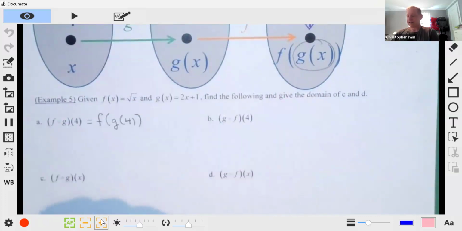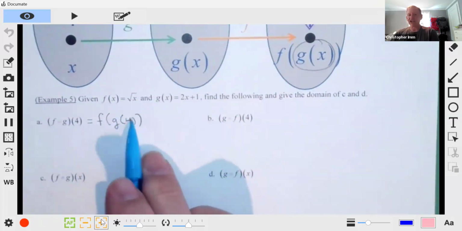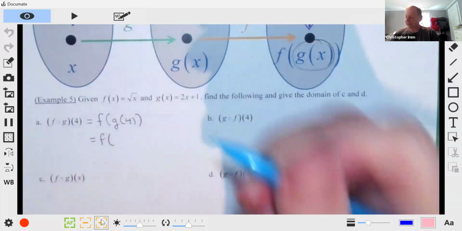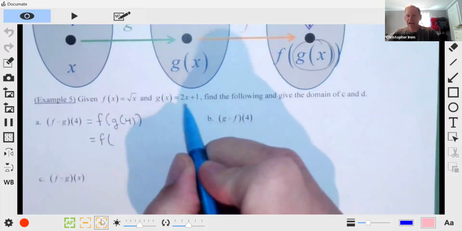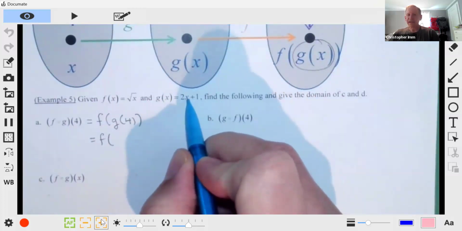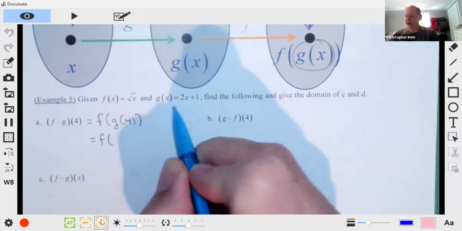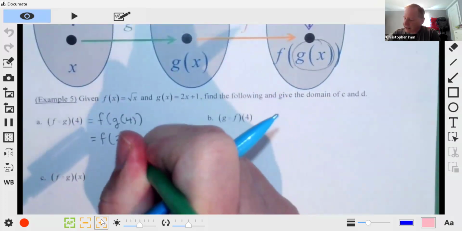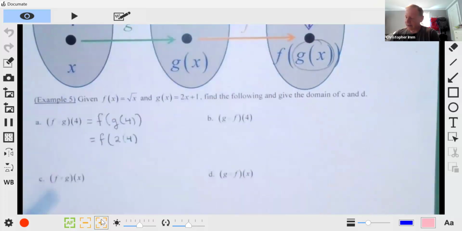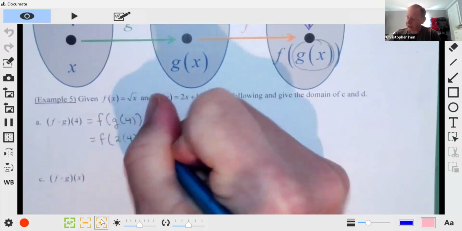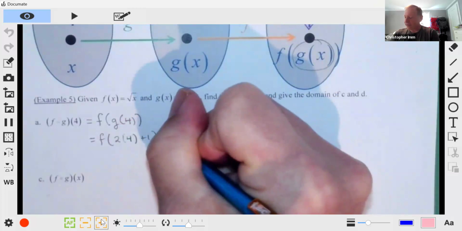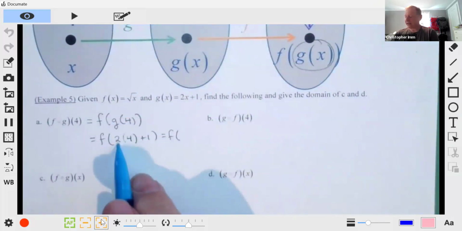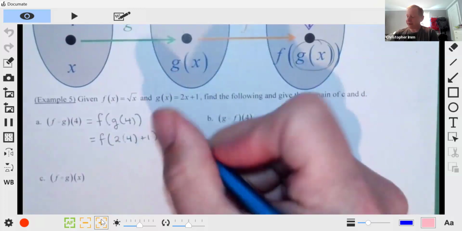What I like to do is always evaluate g of 4 first. So I have f of, I'm going to my g function here, and wherever I see an x, I'm going to put in 4. I'm going to try to use color here again. So I have 2 times 4 plus 1. So I'm going to take the output of that. The output of g of 4 is going to be 2 times 4, 8, plus 1, which is 9.